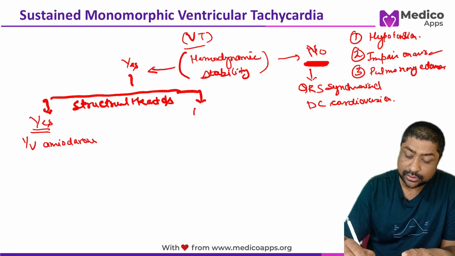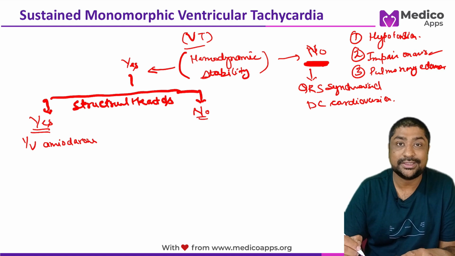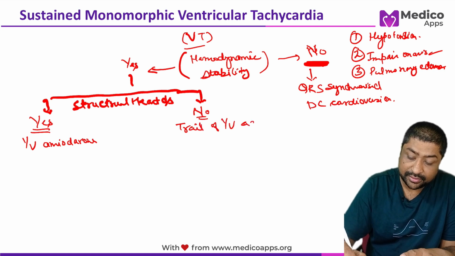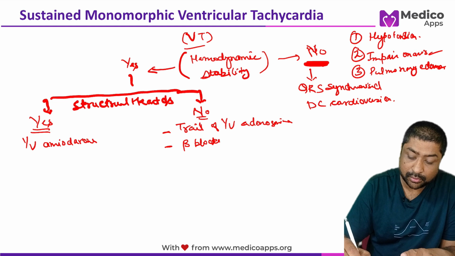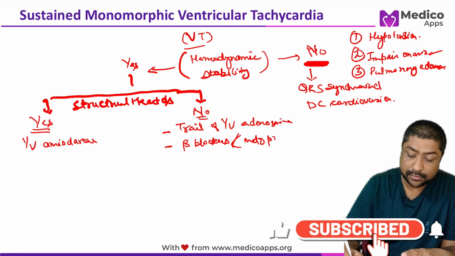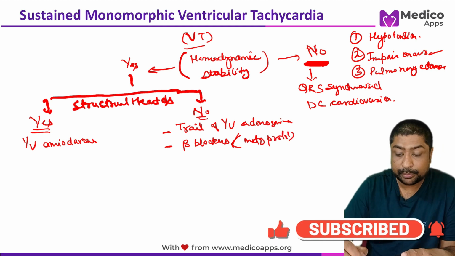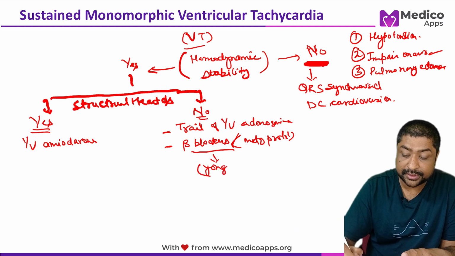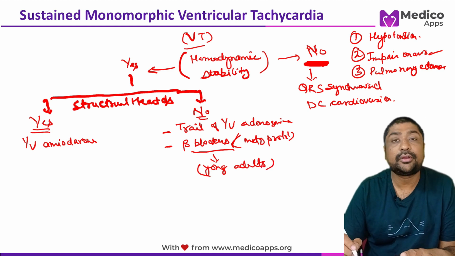Let's say the patient is not having any known structural heart disease, then you may give a trial of IV adenosine, or you can put the patient on beta blockers like metoprolol. Beta blockers are also preferred in patients who are young adults or children.